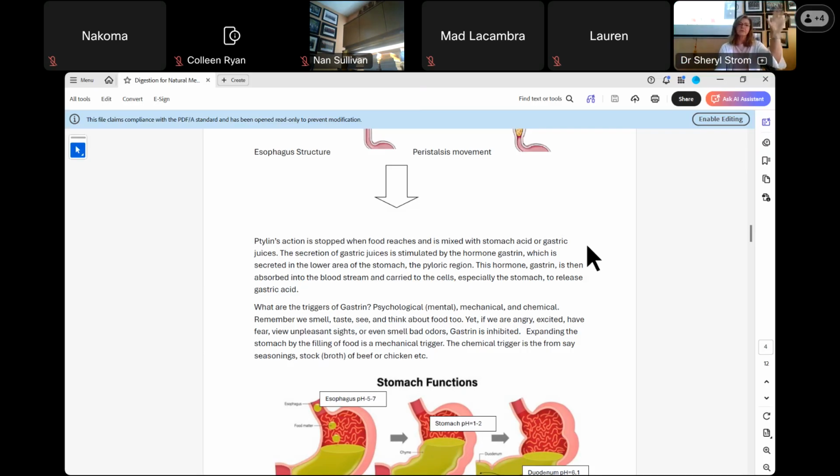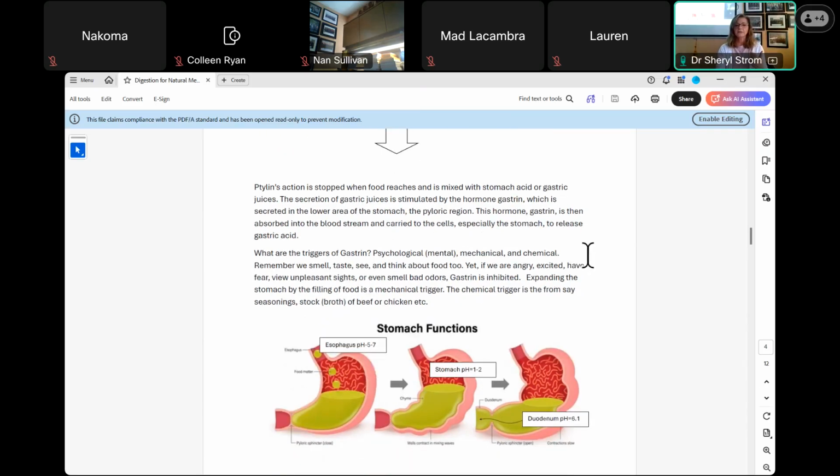So now we're going from ptyalin to gastrin, which is secreted in the lower area of the stomach or the pyloric region. This hormone gastrin is then absorbed into the bloodstream and carried to the cells, especially the stomach, to release gastric acid. So what are the triggers of gastrin? We've already talked about them. They are psychological, mental, mechanical, and chemical.